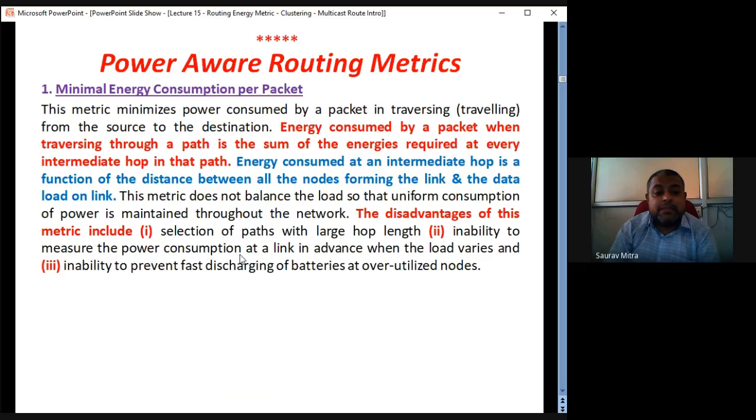Inability to measure the power consumption at a link in advance when the load varies. Suppose suddenly the load is increasing or decreasing. In that case, the sensor node should be smart enough to estimate how much power will be required to transmit this variable data from the sender to the receiver. I'm just giving an example of a car.